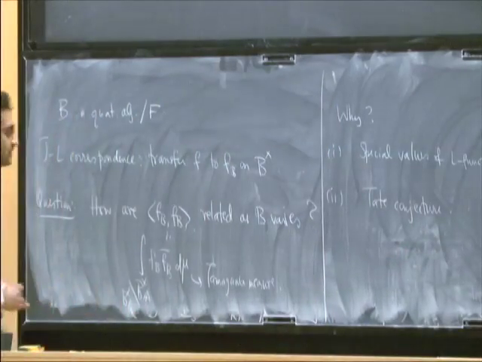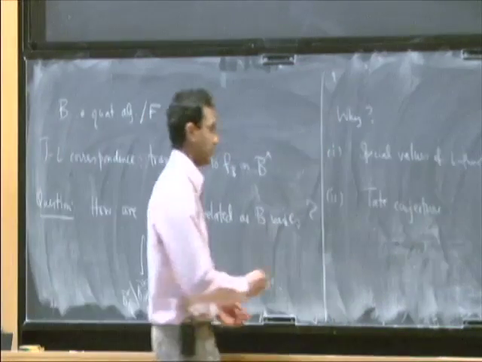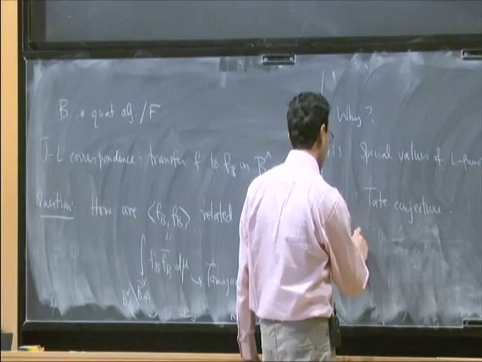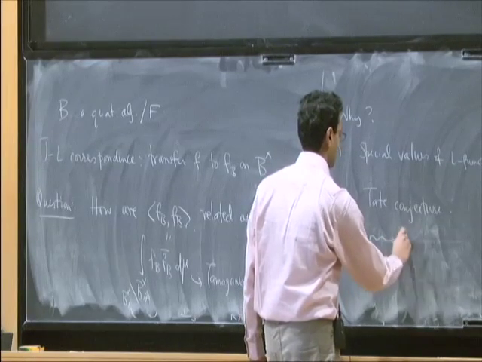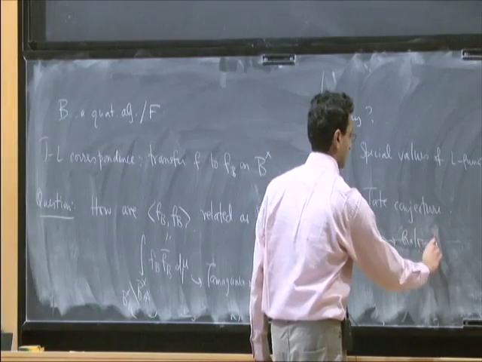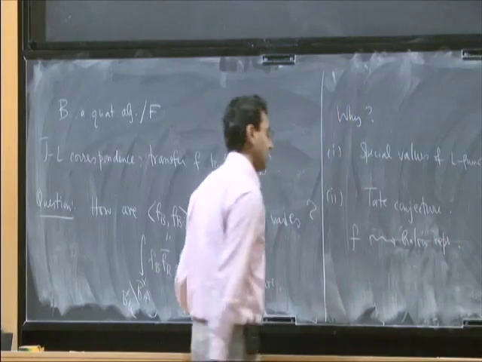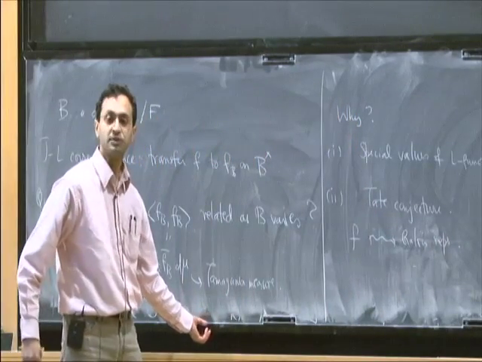The point is that you can associate to f Galois representations. Now, you expect a two-dimensional Galois representation.